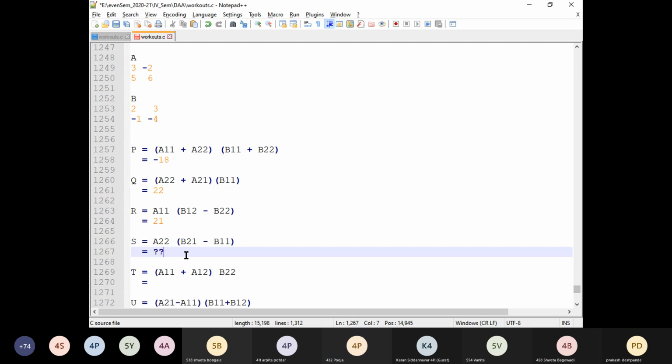The value of S. So minus 18. Students, correct? Yes, sir. Minus 18. Yes, that's correct.